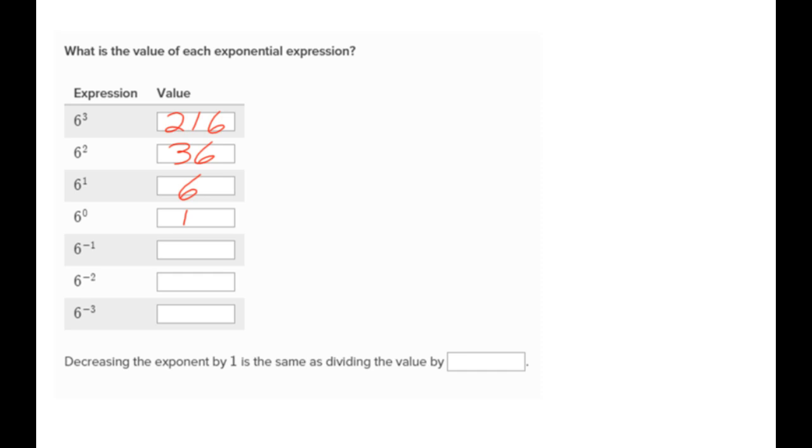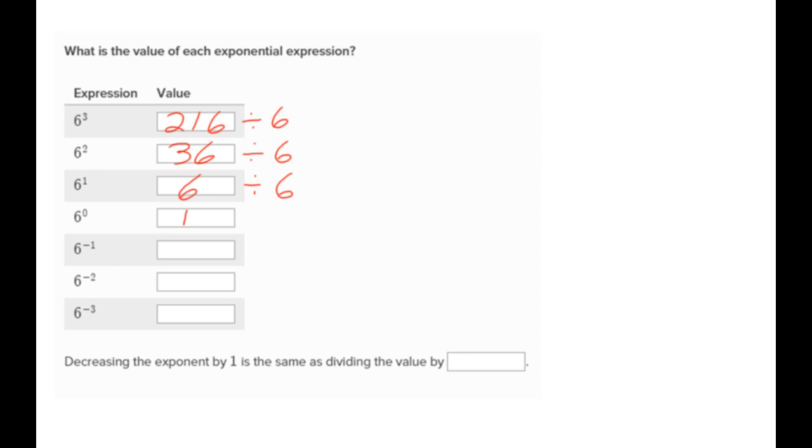But if you think about it, or if you're looking ahead, I have to divide 216 by 6 to get 36, and then I divide by 6 again to get 6, and I divide by 6 again to get 1. So it has to be 1, not 0.